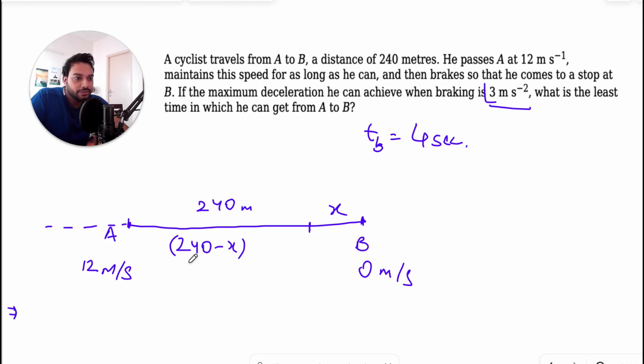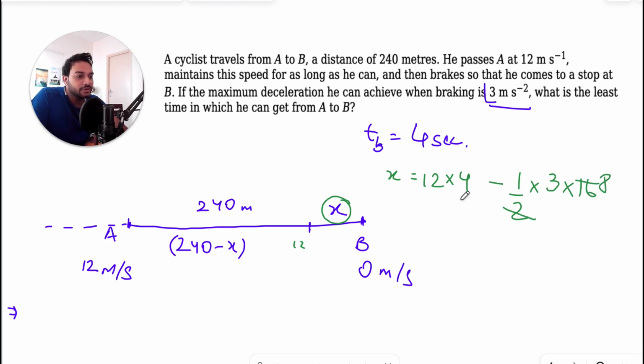This X, that is the braking distance, can be figured out using the equation of motion. So X is equal to UT minus half A T squared. Initially it was 12 meters per second, since he was moving at constant speed. So 12 times 4, that's the braking time, minus half times 3 times 4 squared, which is 16. 12 times 4 is 48, minus 24 is 24 meters. So X is 24 meters.